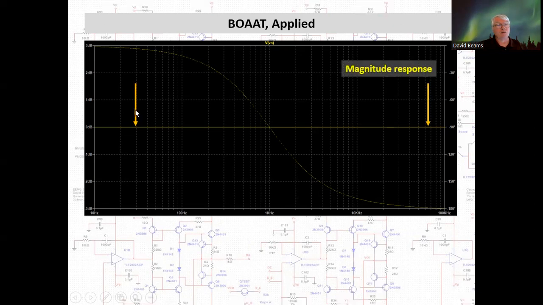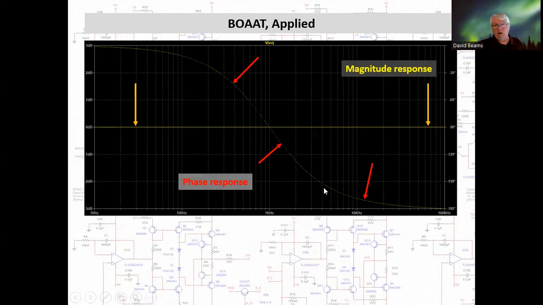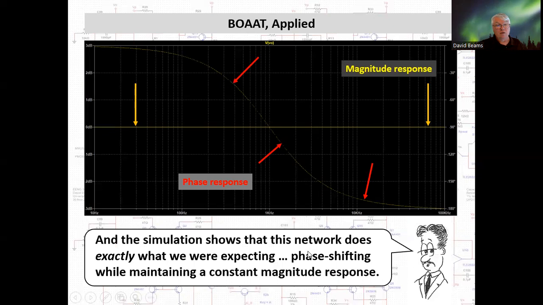You can see the magnitude response from 10 hertz to 100 kilohertz is flat at 0 decibels, and the phase response begins at 0 degrees and passes through minus 90 degrees at 1 kilohertz with the values in the circuit and approaches an asymptotic limit of minus 180 degrees at high frequencies. So the simulation shows that this network does exactly what we were expecting. Phase shifting while maintaining a constant magnitude response.